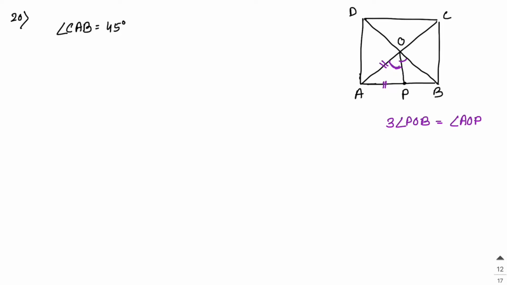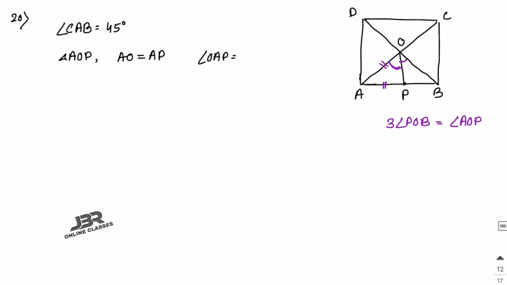And as CAB equals 45 degrees, from triangle AOP, AO is equal to AP, that means it is an isosceles triangle. So one angle, OAP, is equal to 45 degrees.